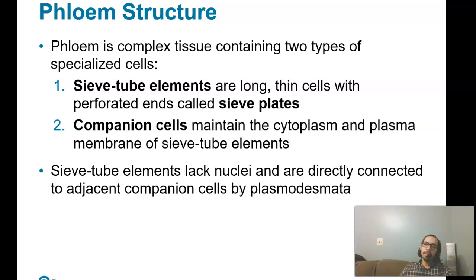Okay, because the sieve tube elements lack nuclei and are directly connected to the companion cells via the plasmodesmata, which was that structure that connects the two cells. Or it's plasmodesmata if you're talking about more than one, but if you're only talking about one specific structure, it's plasmodesma.